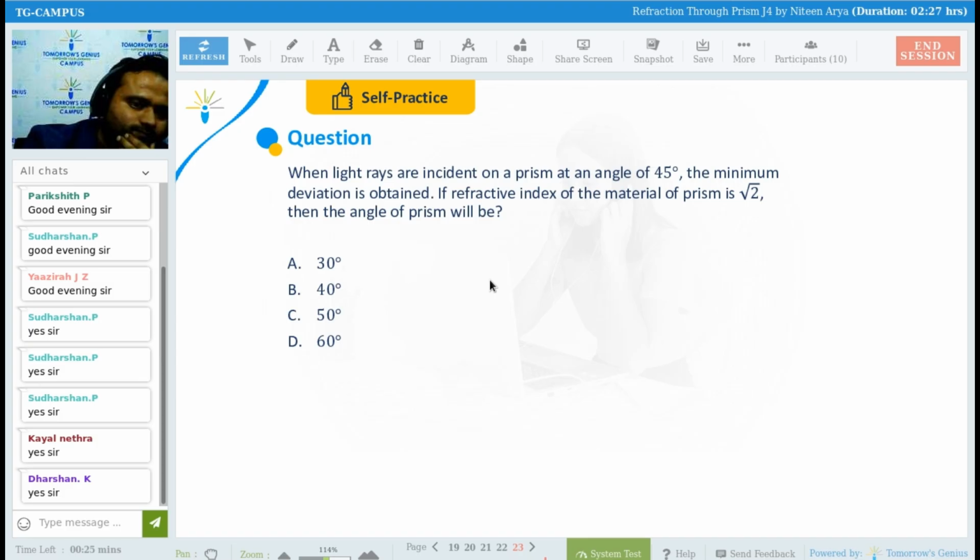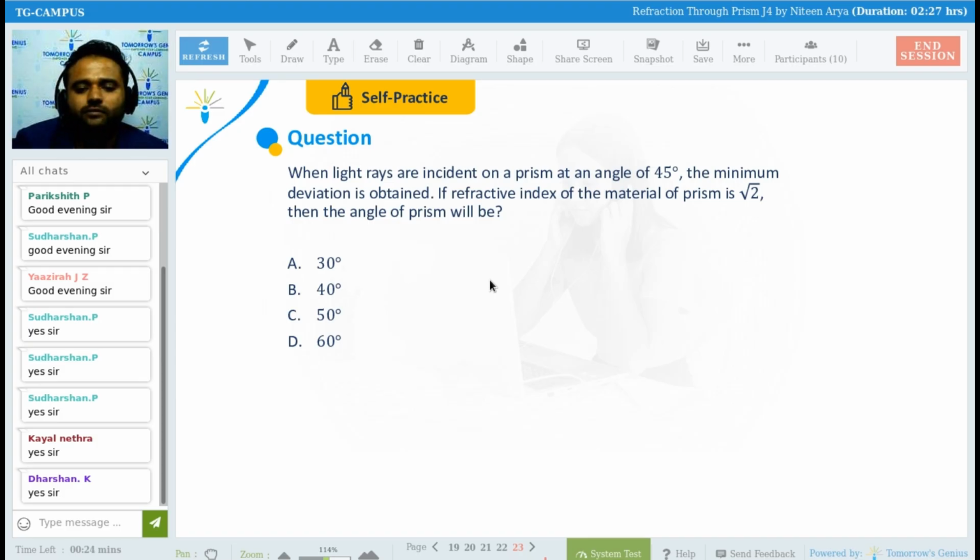Sine A by 2. Wait. Sine inverse. A is 60, not 30. Sorry. Easy this one.